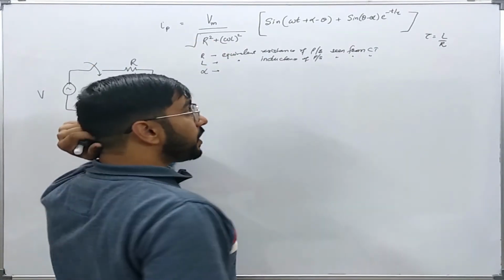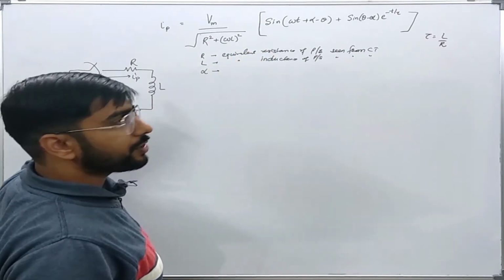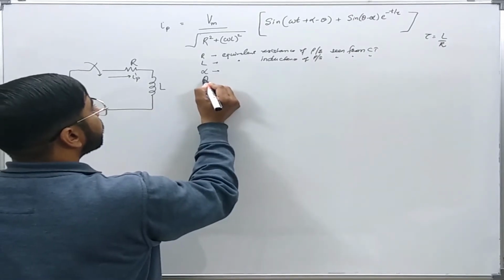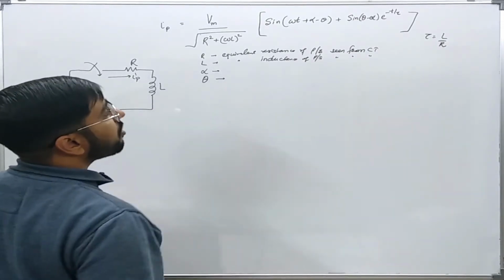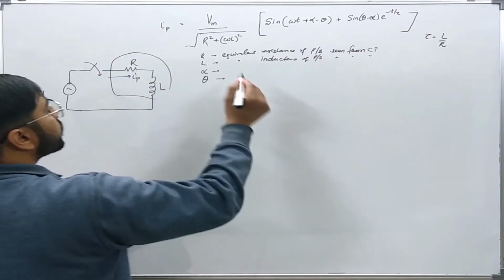Now this alpha is controlling the instant of the switching of this switch. Now theta is the power factor angle of this network.